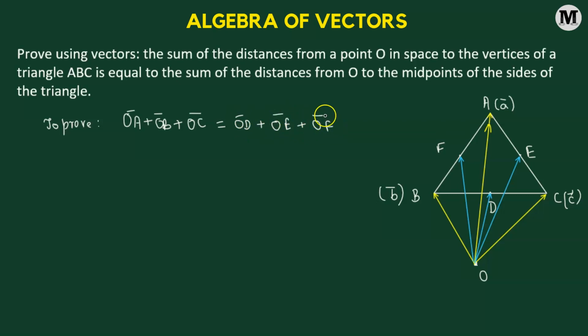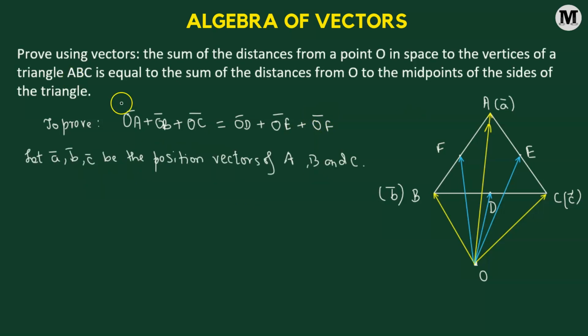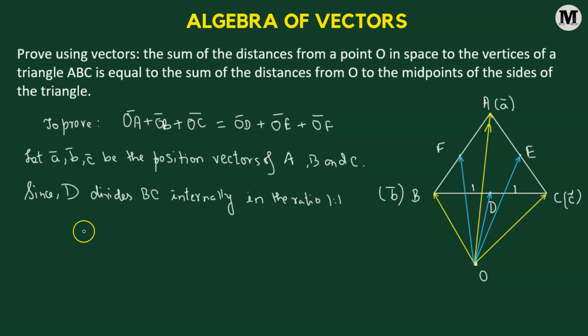Okay, let's begin. So first we'll define the position vectors of A, B, and C. Next we will define the position vector of the midpoint D of side BC. Here D is dividing BC in the ratio 1:1 internally, so we can use the internal section formula. So we have the OD vector.